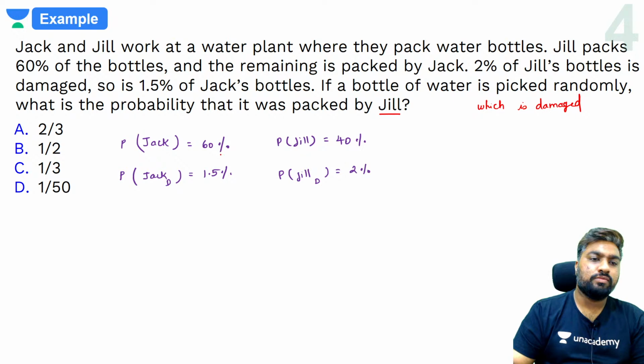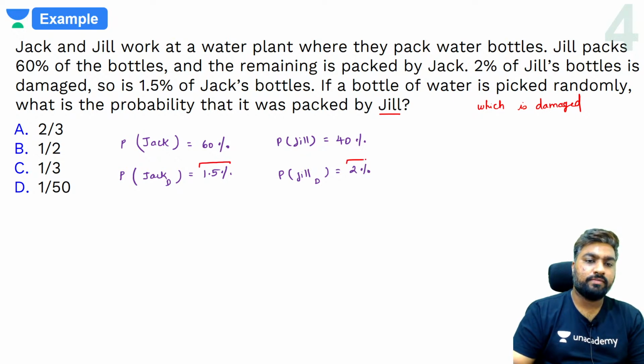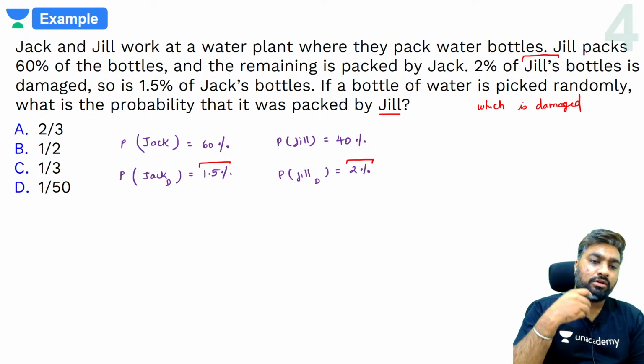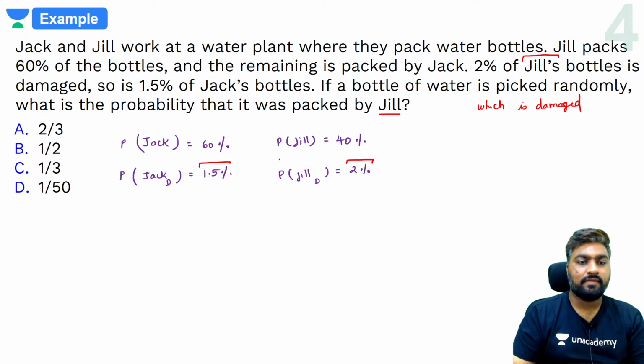So now this 2% or 1.5% is not of the total. It is of what? Of the bottles that Jill filled. 2% of Jill's bottles, not total. Not 2% of 100 bottles, 2% of Jill's bottles. So this basically means what?